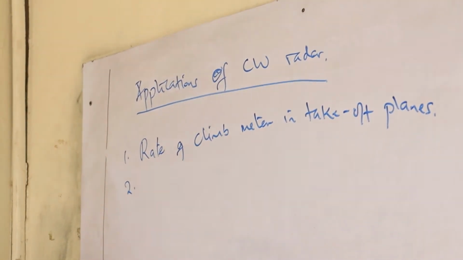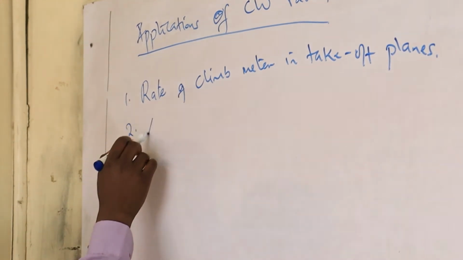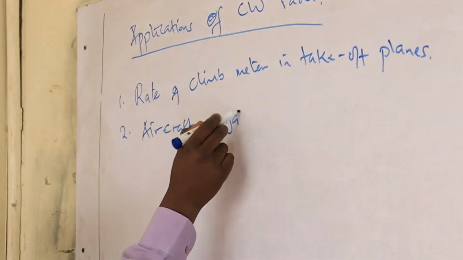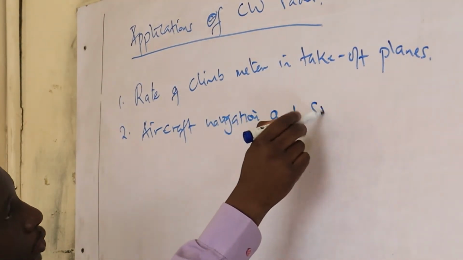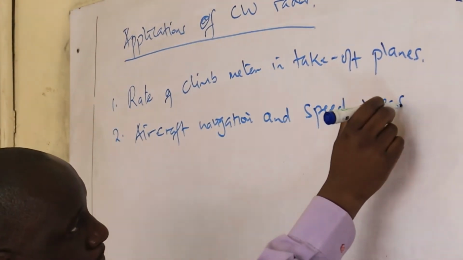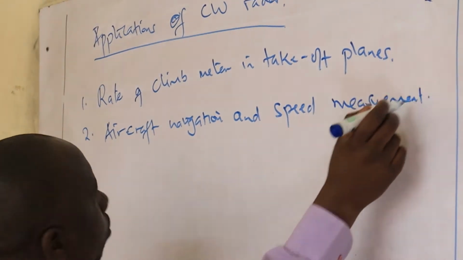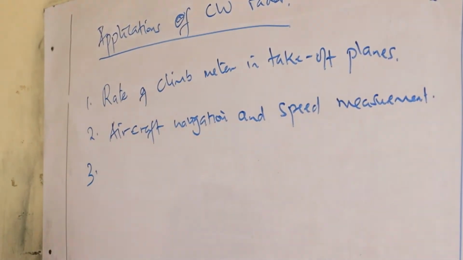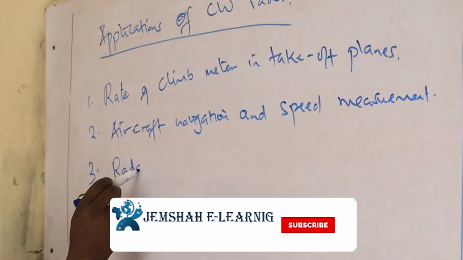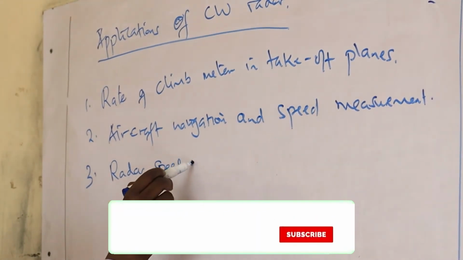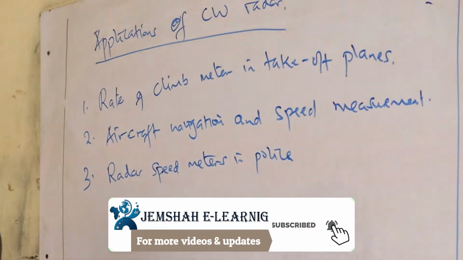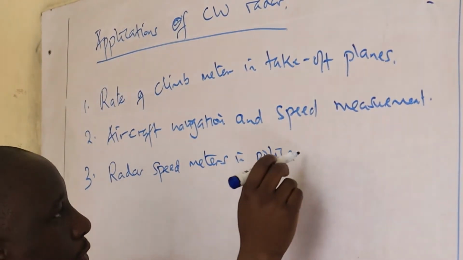And number 2 is aircraft navigation and speed measurements. Application number 3 is radar speed meters in police monitoring.